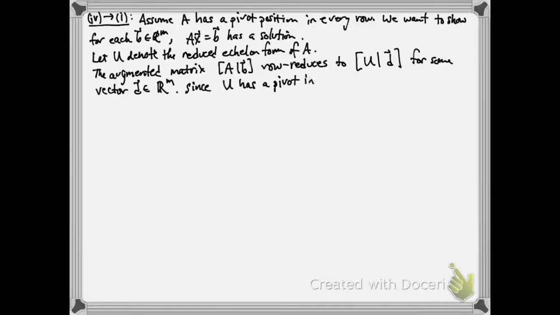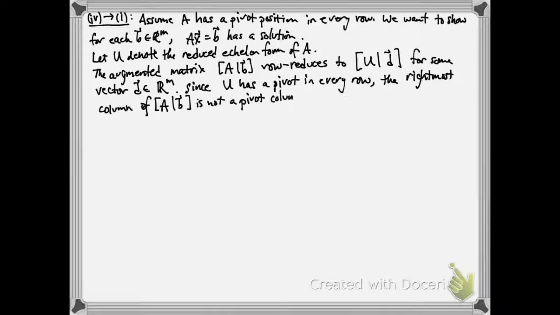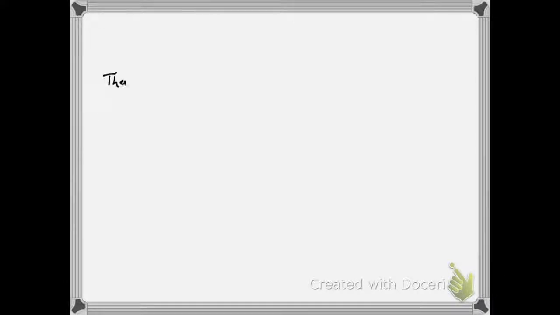And since U has a pivot in every row, the rightmost column of the augmented matrix can't be a pivot column, because all the pivots were used up in the rows. Thus, Ax equals B has a solution.